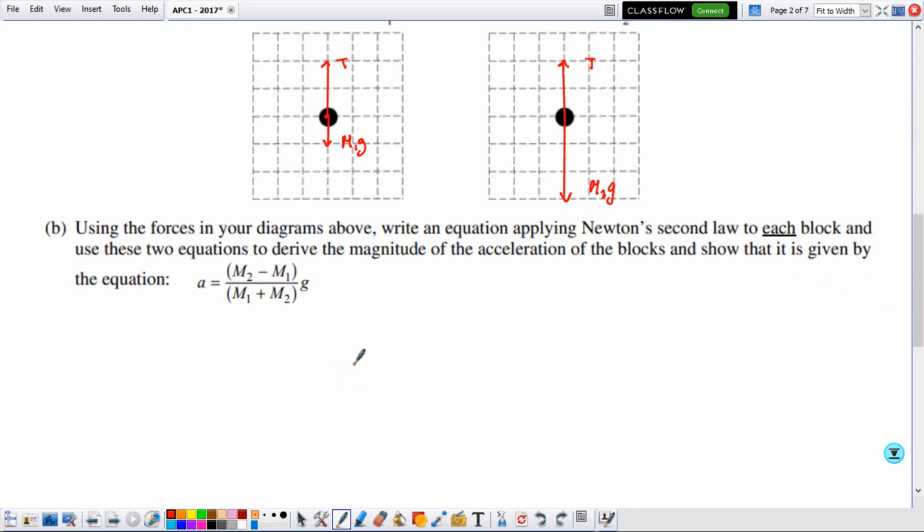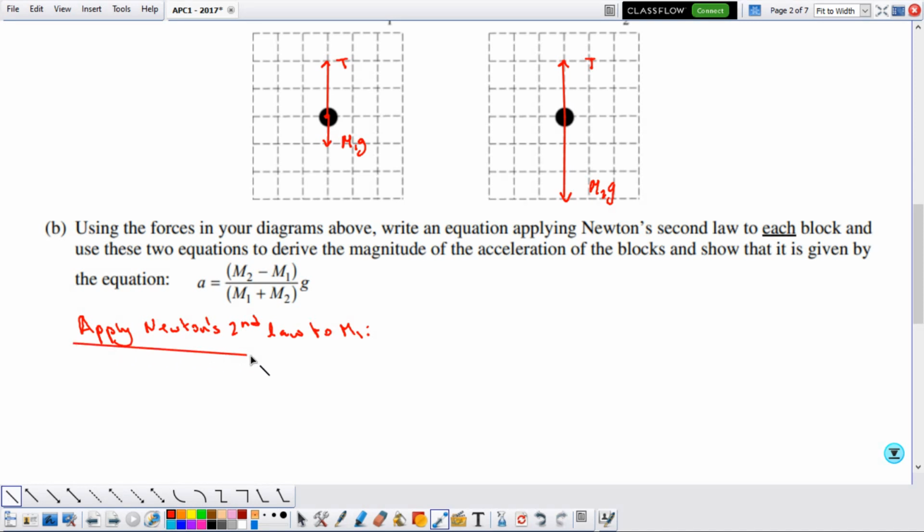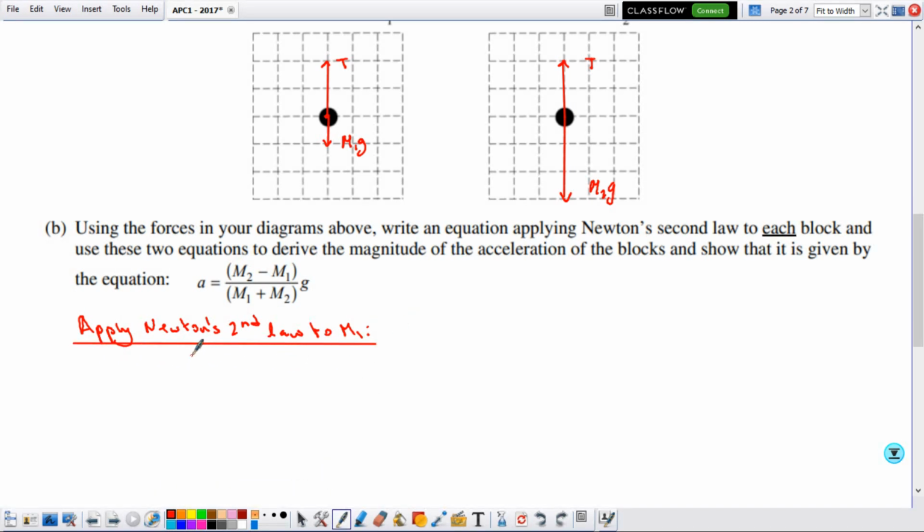Let me start by applying Newton's second law to M1. Now what are the forces? So let me write Newton's second law: the sum of forces is M1A.